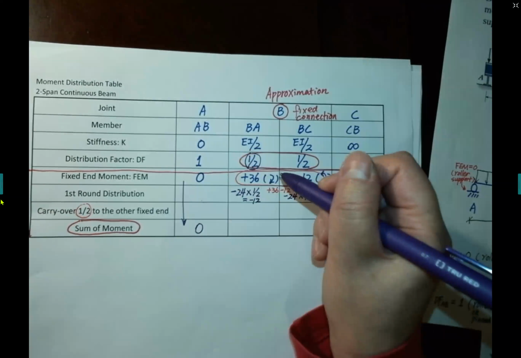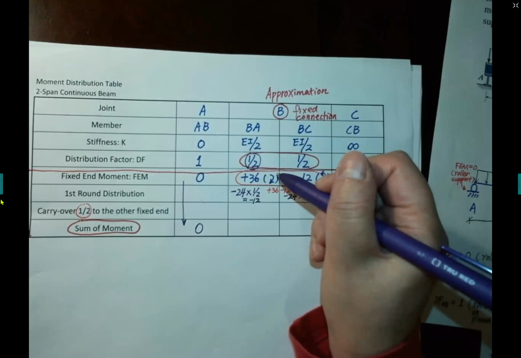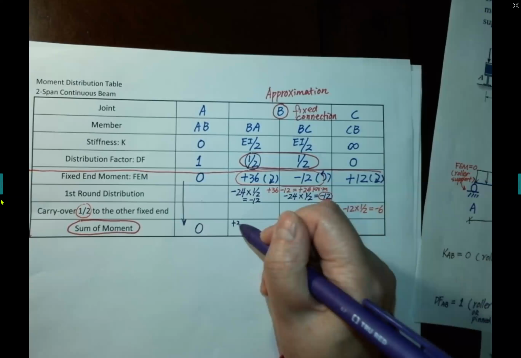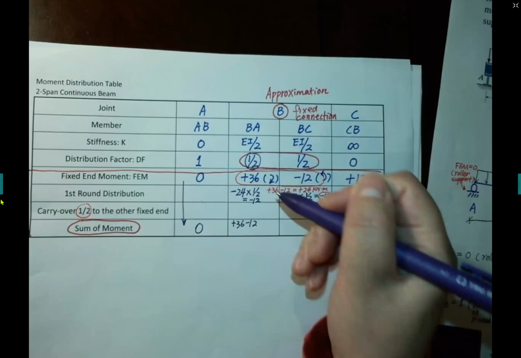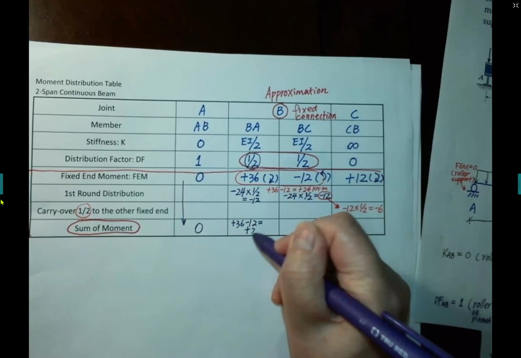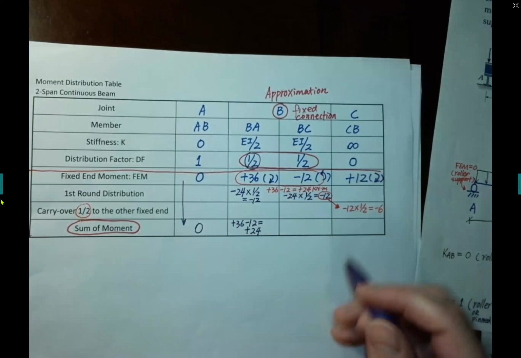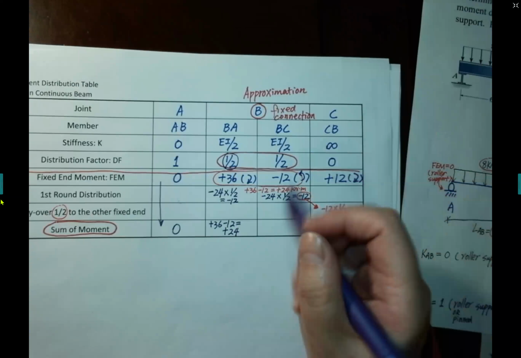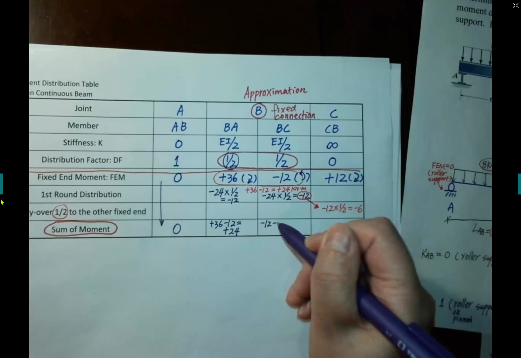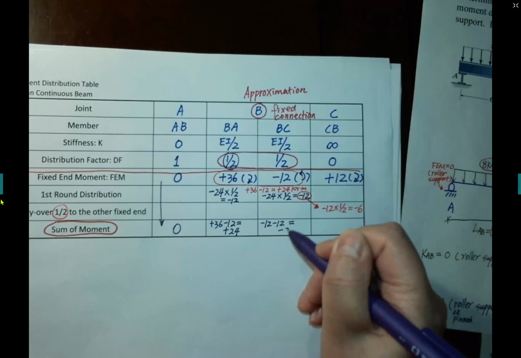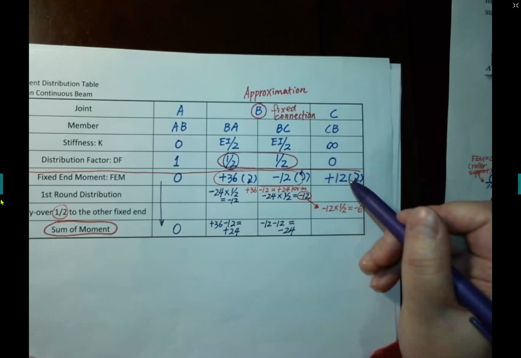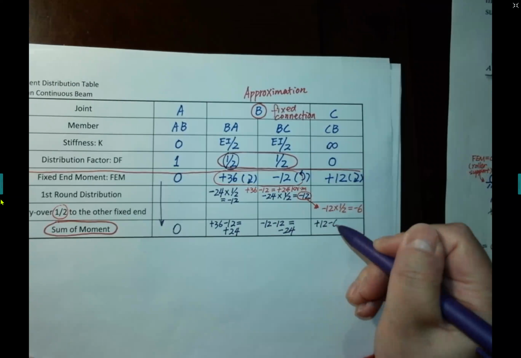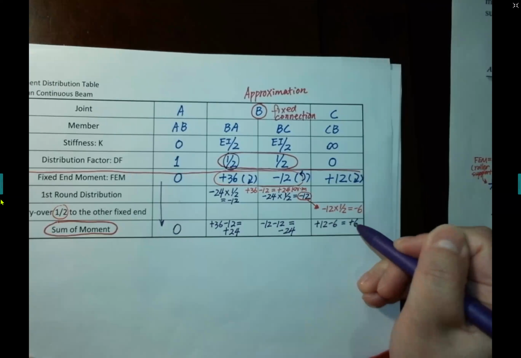For member BA at the B side, it equals +36 -12, and we get +24. For member BC at the B side, we get -12 minus -12, which equals -24. And on the C side, +12 minus 6 equals +6.